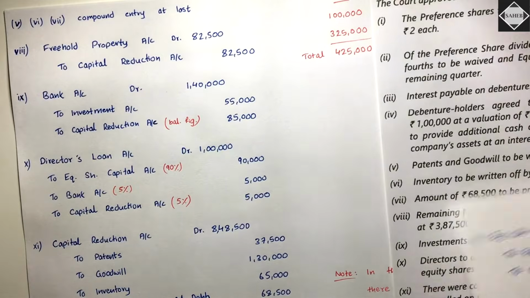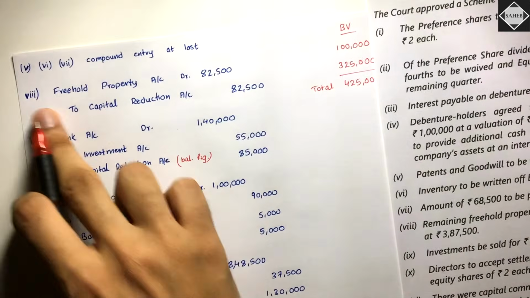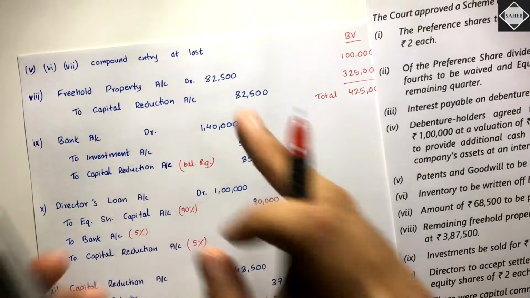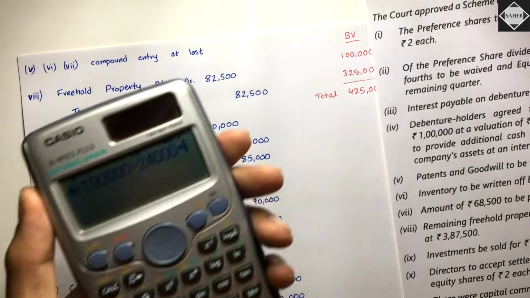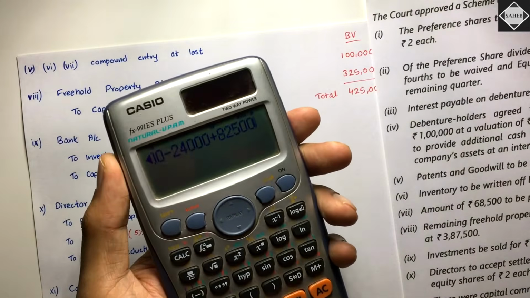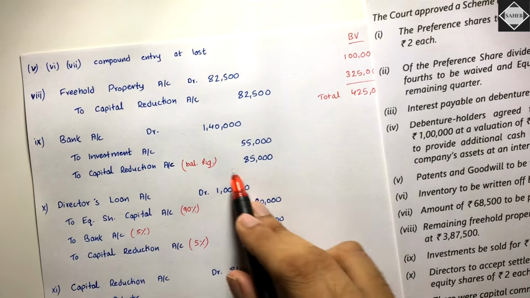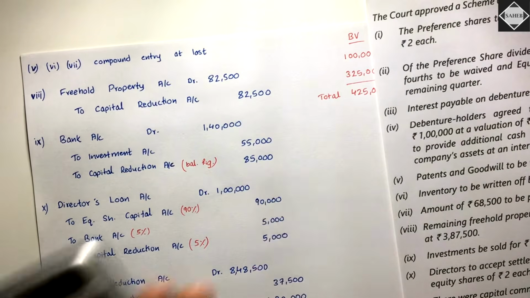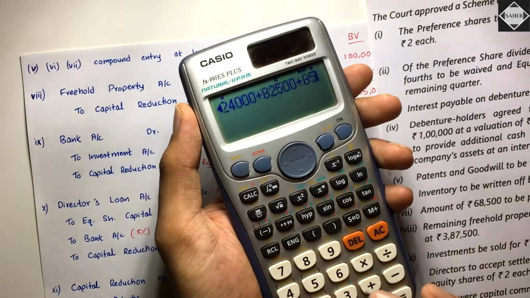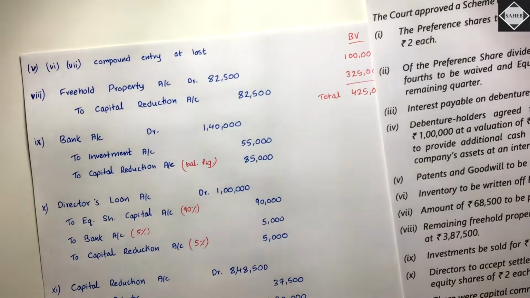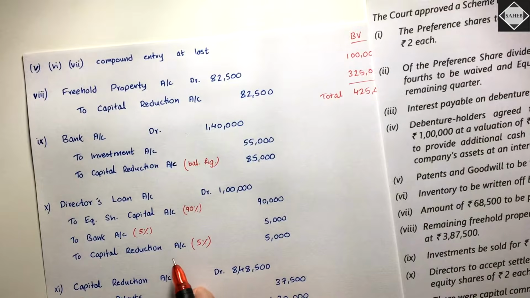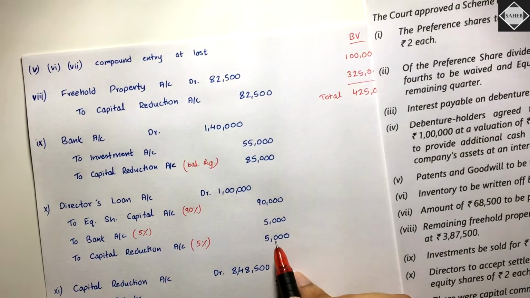Now see here in the 8th entry capital reduction is being credited, so plus 82,500. And then in the 9th entry capital reduction is being credited by 85,000, so plus 85,000, and then in the 10th entry capital reduction is being credited by 5,000, right?